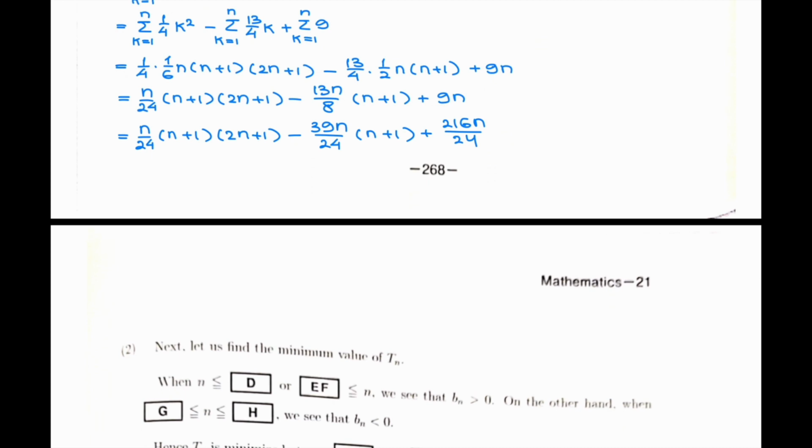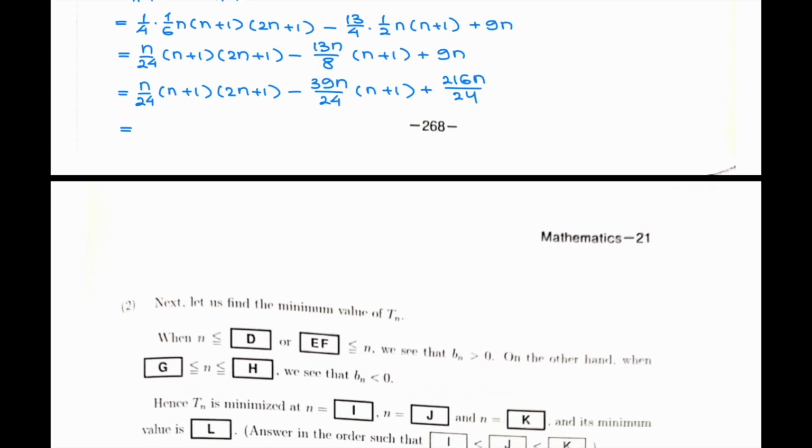Since the denominator is already 24 and in the numerator we have n on all the terms, I can factorize n over 24. For the first term, I have this one. I will directly expand it and it will become 2n squared plus 3n plus 1. You can expand it by yourself, yeah?